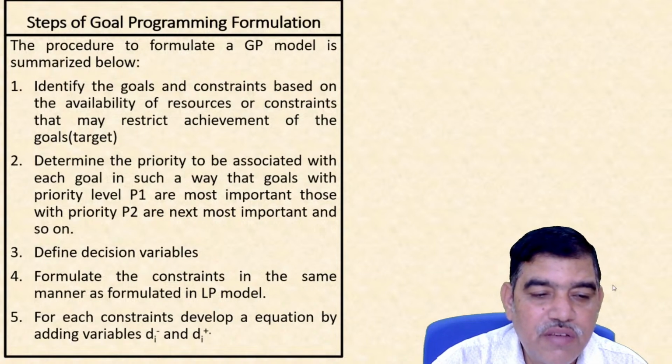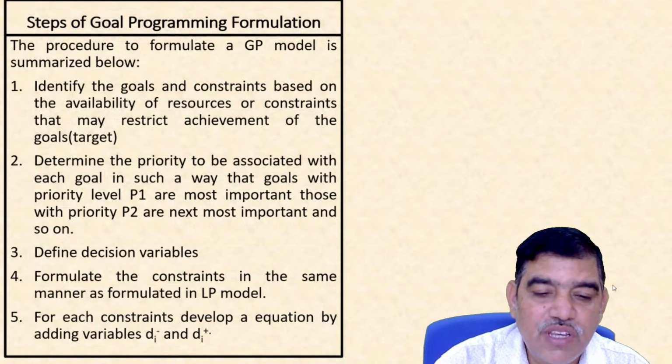Then the fifth step is, for each constraint, develop an equation by adding the deviational variables. Earlier, we know that the deviational variables mean di negative and di positive. The i stands for the index, that may be i equal to 1 to n.